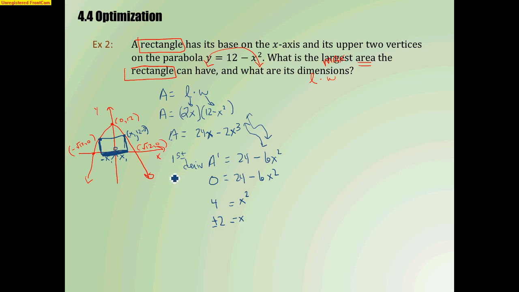Since x is positive, I'm using the positive coordinate. I don't need the negative. I am just going to use 2. Oh, no. I should have x at -2. That's silly. These are my candidates. And yes, I have endpoints, right?